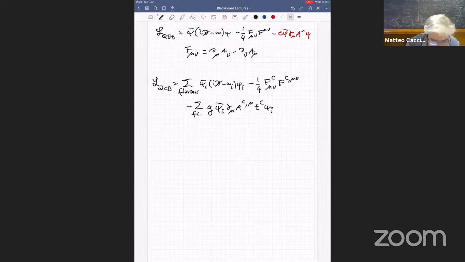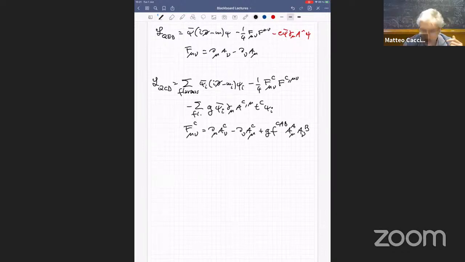The other difference is that the tensor F^c_mu nu is defined as d_mu A^c_nu minus d_nu A^c_mu, plus g f^abc A^a_mu A^b_nu. And again, the f^abc are the structure constants of the group.